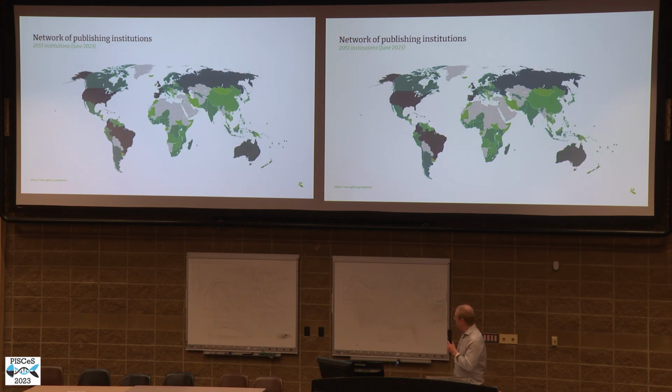And this is a map of publishing institutions. That also shows that we actually do get a lot of data from countries that are not members of GBIF. So it's not mandatory to be a member to get your data in. Anybody can get data in. It's just the countries that are paying that we saw on the map before.